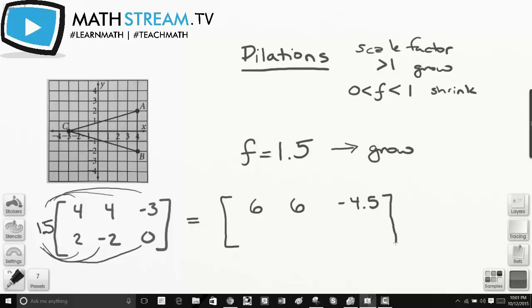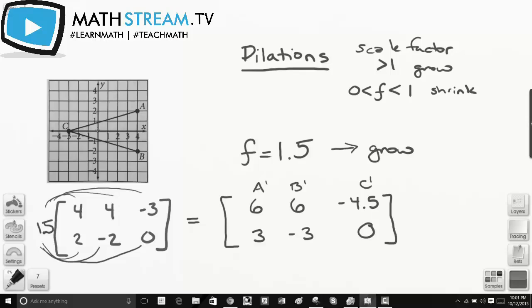You can, of course, do this in a calculator too, but I like doing math in my head because it's faster. 1.5 times 2 would be 2 and 1, that would be 3. Times -2 would be -3. And 1.5 times 0 is 0. So let's see what happens. What we now have is the information for A prime, B prime, and C prime, or in other words, A, B, and C of our dilated shape.